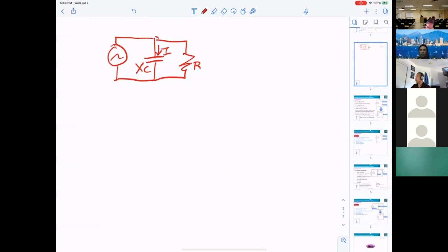That will be IR. And you remember, if you want to calculate the total current, what is I total equal? Square root, right? IC squared plus IR squared. The reason is they're not in phase.